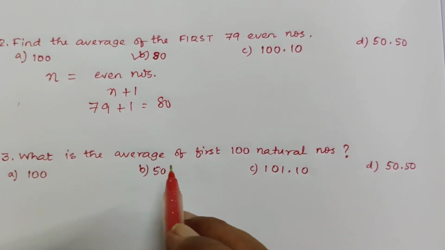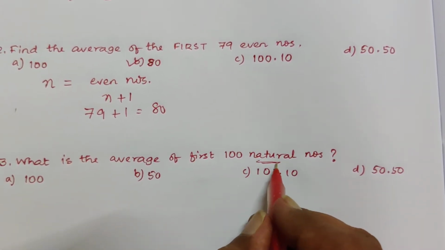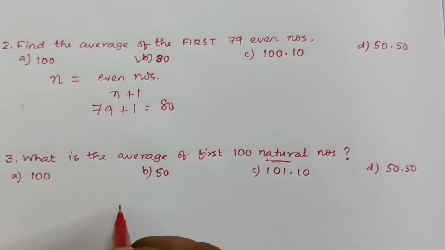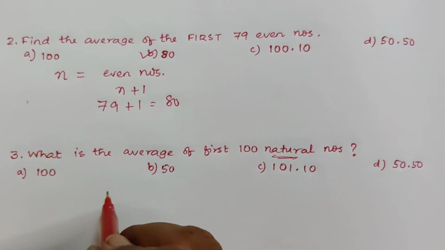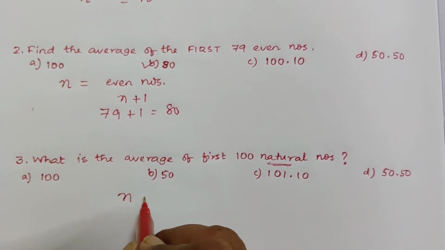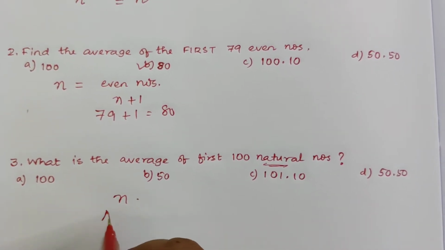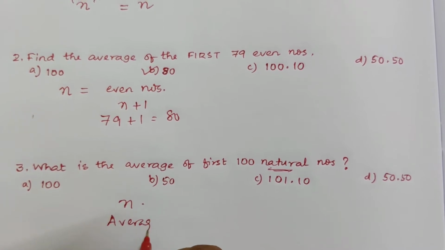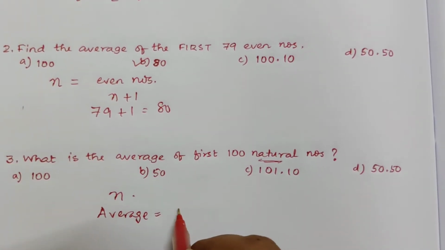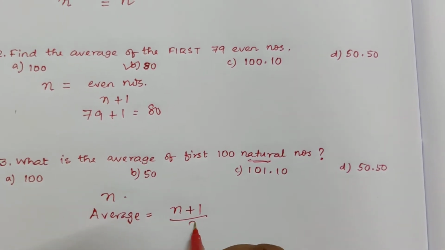Now if we have to find the average of the first 100 natural numbers, here the catchword is natural. Here we have to use certain short tricks. If n is the number of natural numbers, then the average is n plus 1 by 2.